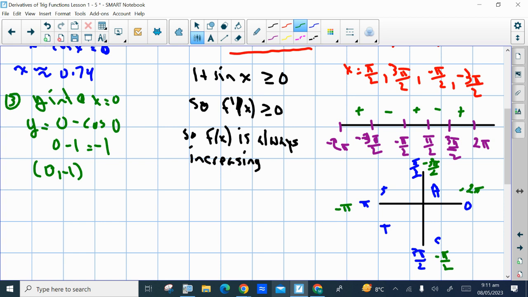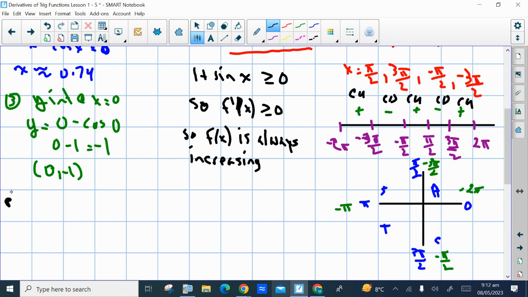So that means it's going to be concave up, concave down, concave up, concave down, and concave up. And because the concavity is changing in all those critical numbers, those are all going to be points of inflection.